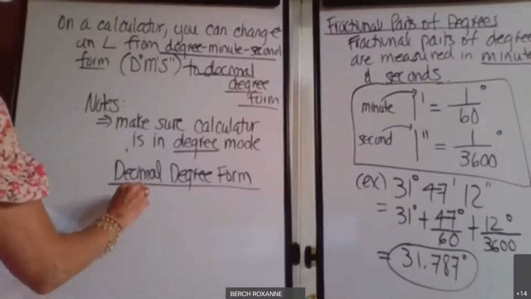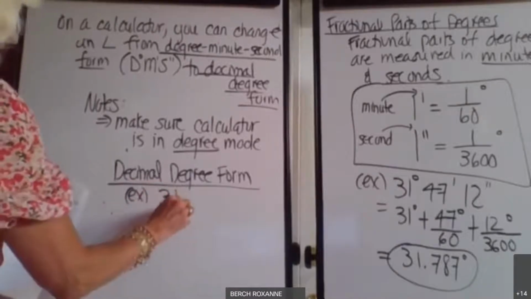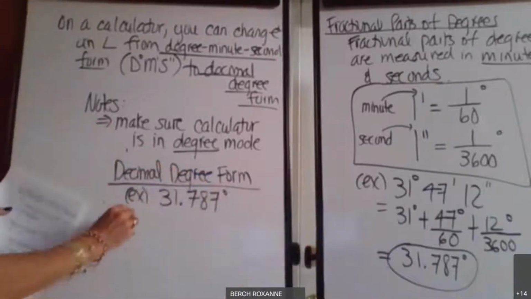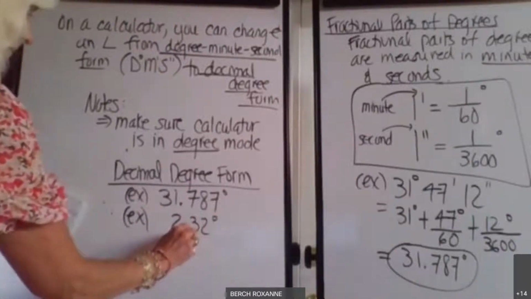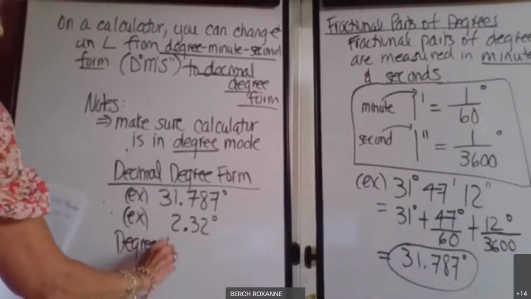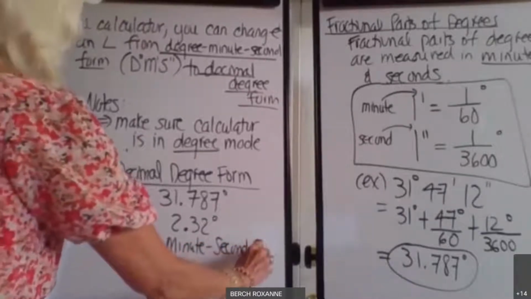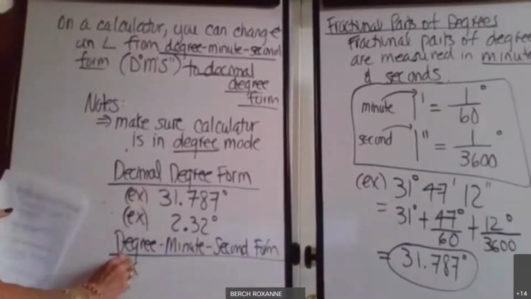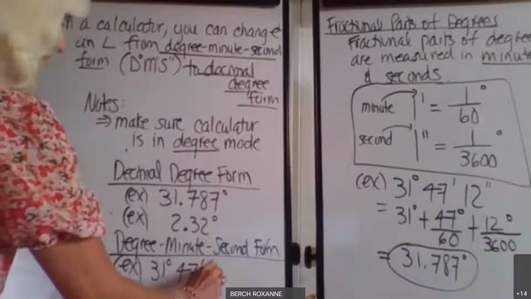All right, so decimal degree looks like this with a decimal and a degree, just like that problem. Another decimal degree form would look like 2.32 degrees. Examples of degree, minute, second would be 31 degrees, 47 minutes, and 12 seconds.